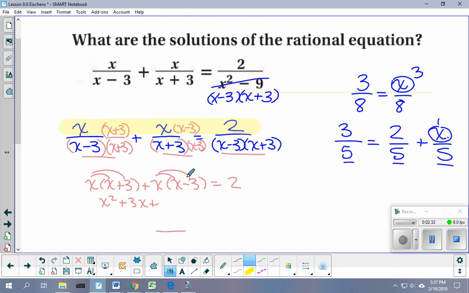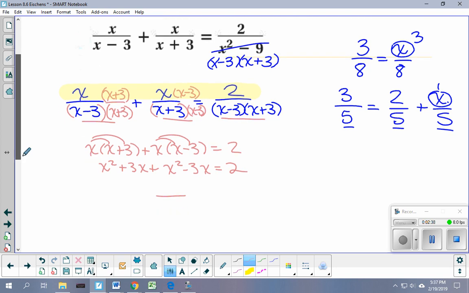And then we distribute again. And then we will simplify on the left side. 3x minus 3x cancel. And combining like terms, we have 2x squared equals 2.